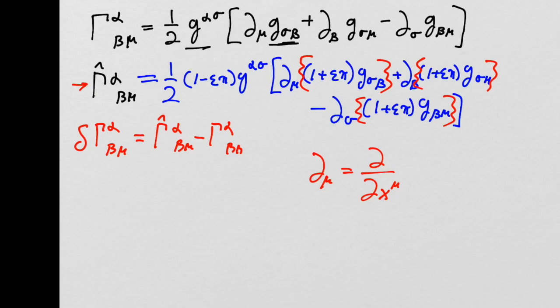Forgive me if this is too elementary. I know at this point this should be second nature, but if it isn't, this is a derivative with respect to space-time. That's reminding us that g sigma beta, for example, is a function of spacetime, so taking the derivative with respect to spacetime of that certainly makes perfect sense. This here is also a function of spacetime, because I'm having you remember that pi really means pi of x, a function of spacetime.